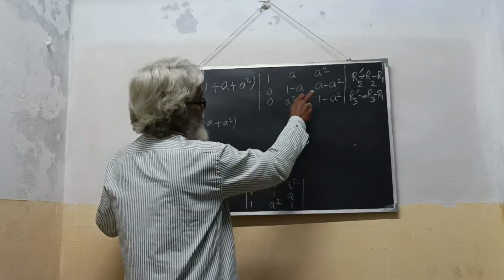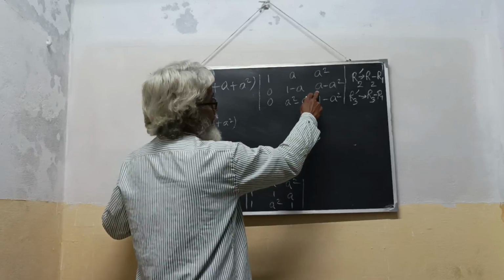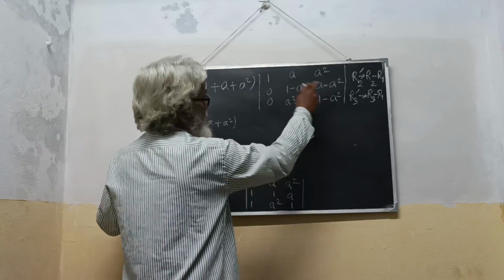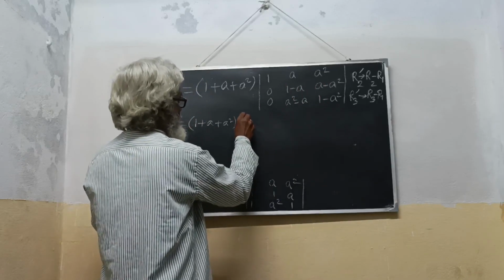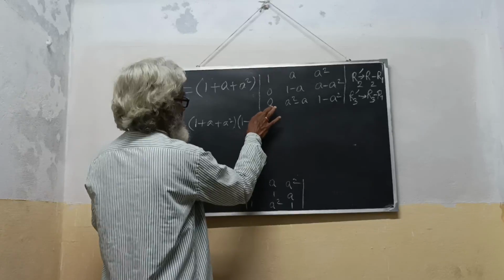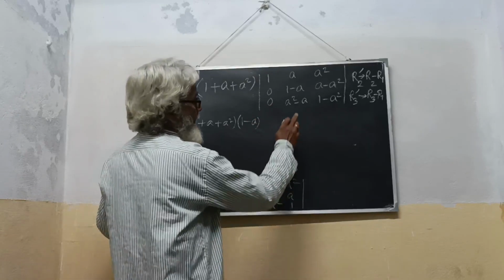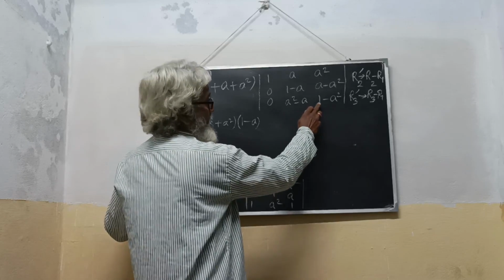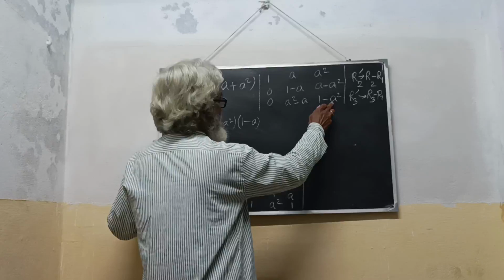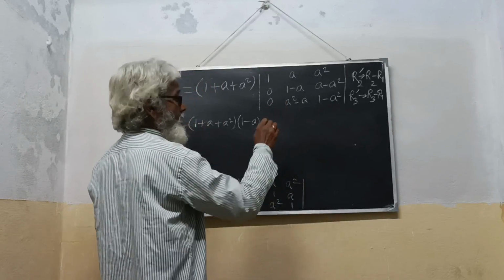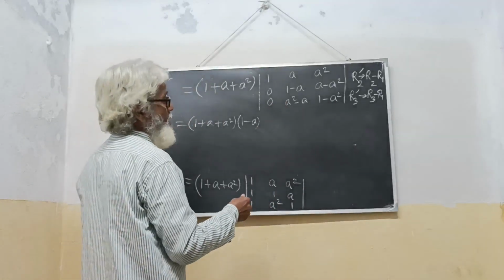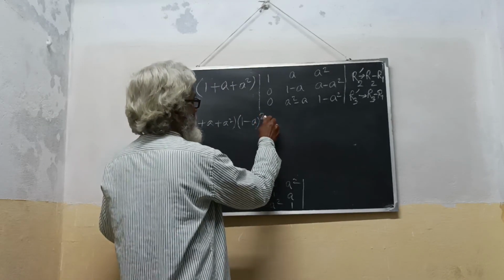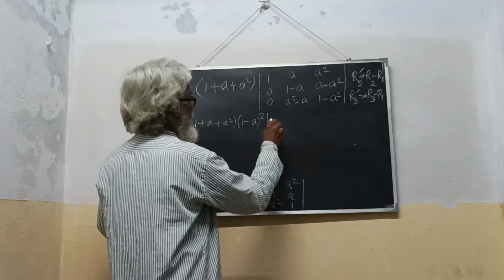Now you see, if we take a common from this, it will give you a into 1 minus a. So you can take 1 minus a common from the second row. If you get minus a common from this, then you will get 1 minus a, and it will be 1 plus a into 1 minus a. Then you also take common factor 1 minus a from the elements of the third row. So this will make you 1 minus a whole squared.